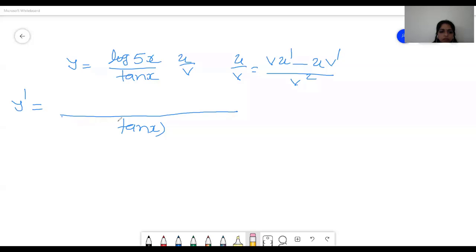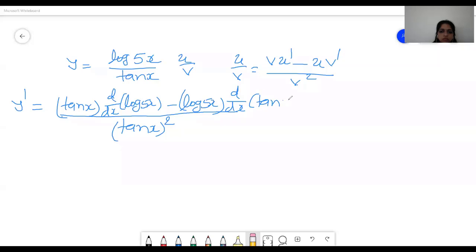Now 10x whole square, v is 10x, so 10x keep it same, the derivative of u, that is d by dx of log phi x. Now minus log phi x, keep it same, and the derivative of tan x.